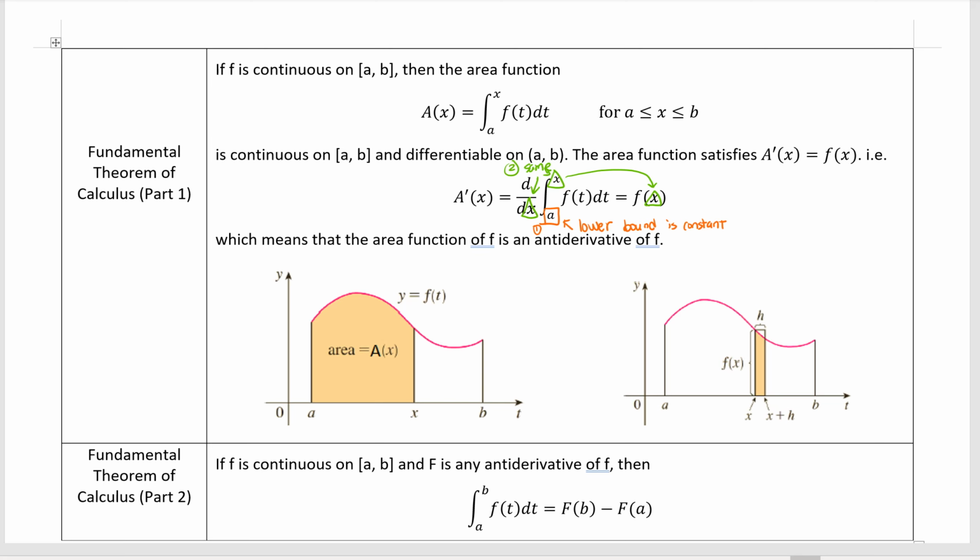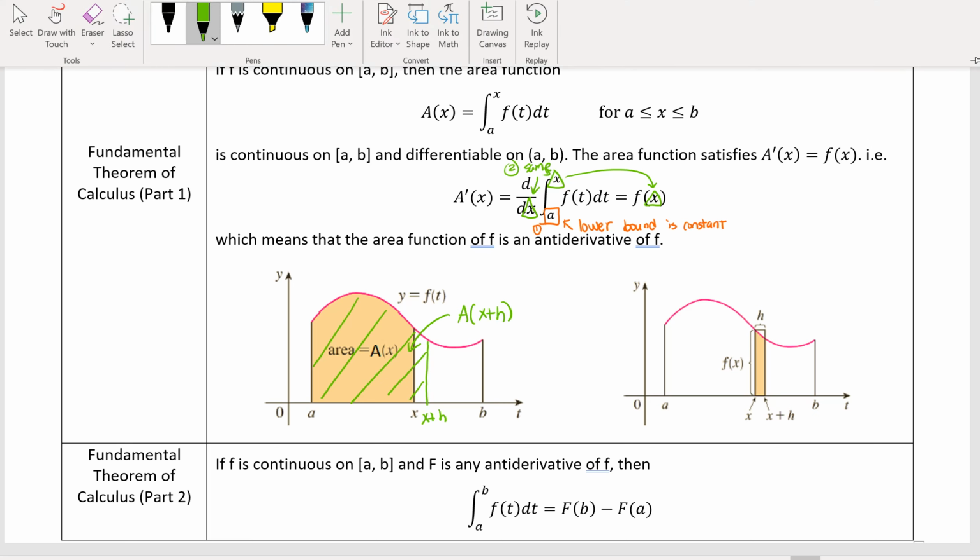Okay, so how do we show the fundamental theorem of calculus? Well, here, I'm gonna give you some idea. So, we know this orange area is A of x. Now, let's consider x plus h, where h is a very tiny number. Then you realize this green area is A of x plus h. Do you agree? Then when we subtract them, what do we get?